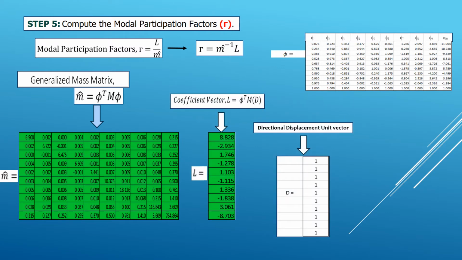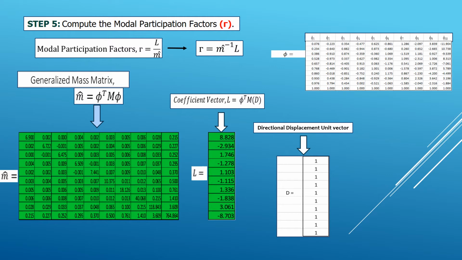For coefficient vector L, here is the formula. The D is the directional displacement unit vector. Si D is yung mag-determine kung i-consider natin yung mode in direction. Dito is i-consider natin lahat ng modes at floor.